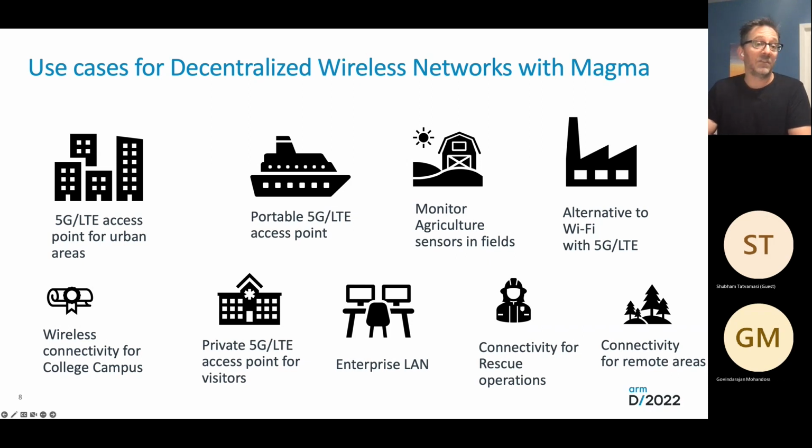The enterprise companies can also set this up in their environment. The rescue operations, another scenario, same with the remote areas here, where if you're in an area where there is no connectivity, if you can get access to a satellite link or to a fiber connection, then you could create your own private LTE network and, you know, provide that service to those who are in that area.